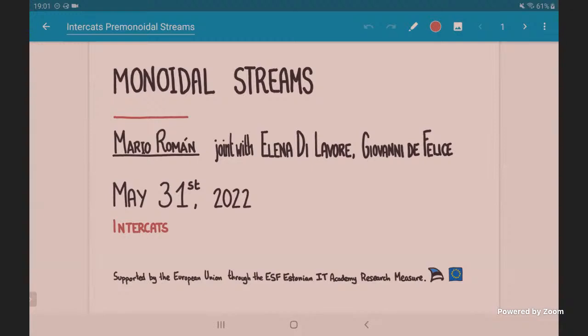First, because the Intercat has a lot of overlap with the research I usually do. And then also because I think this can be a talk that benefits a lot from an audience that knows lenses. So sometimes when I present this work, I don't put much emphasis on the connections with lenses.